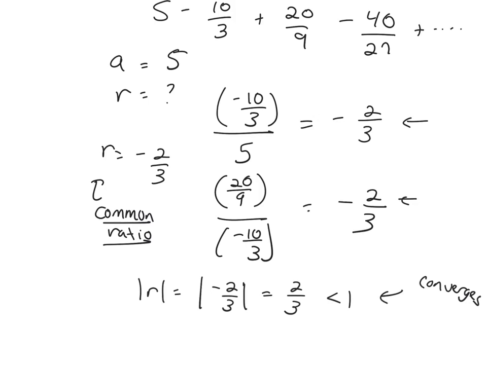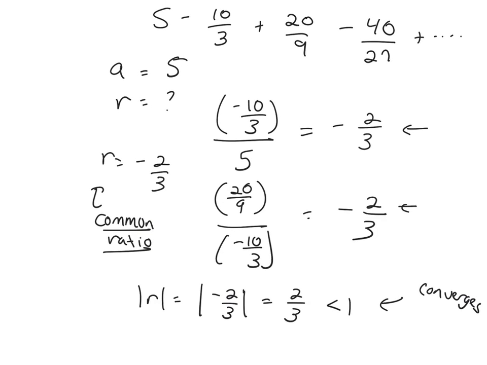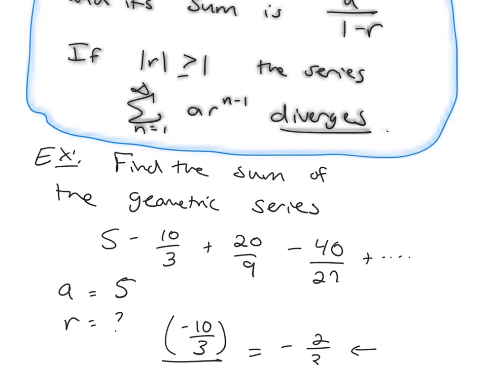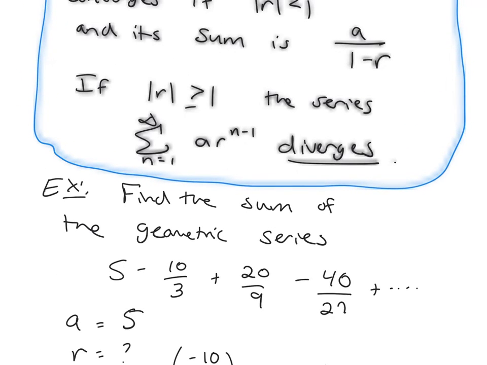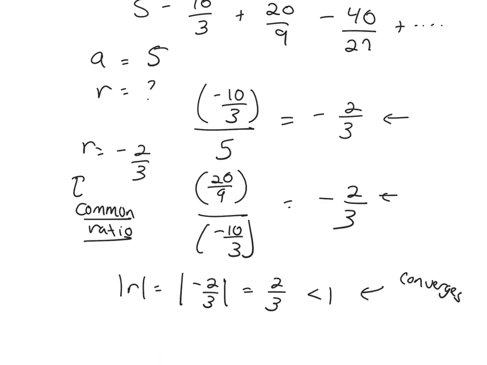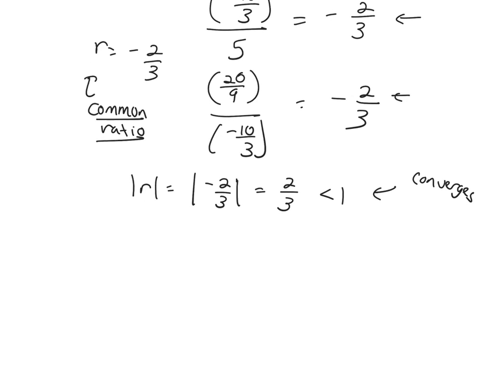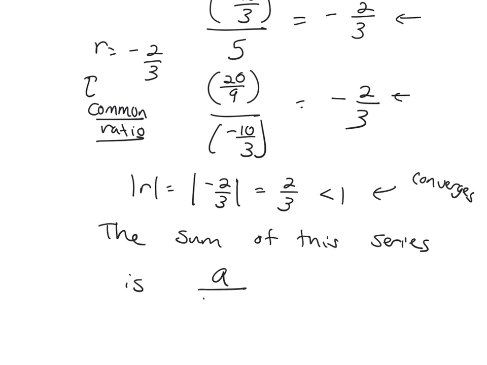And now, to find the sum, which is what it wanted me to do, I've got to use that formula from before, which was A over 1 minus R. That's the formula for my sum. The sum of this series is A over 1 minus R. A was 5, we said.